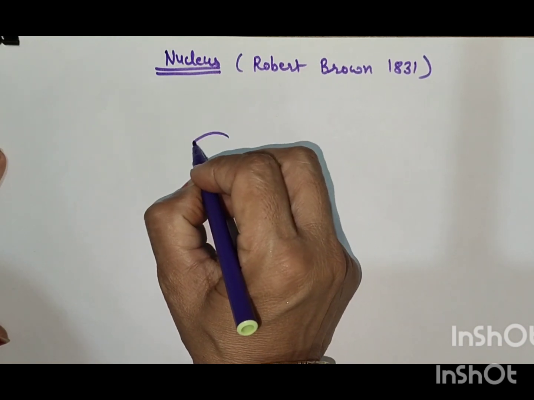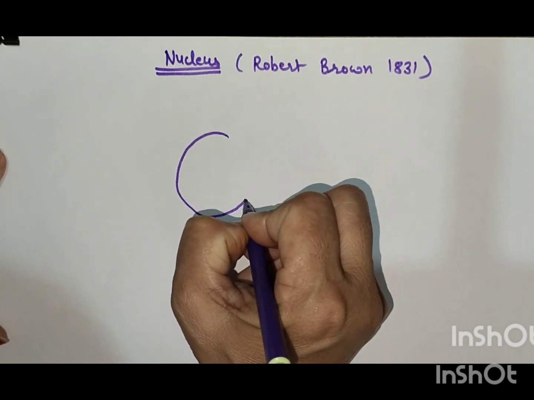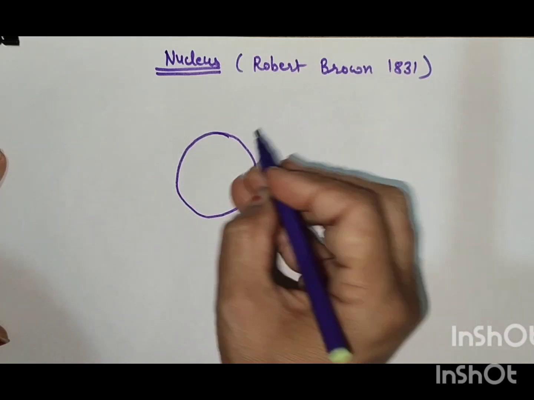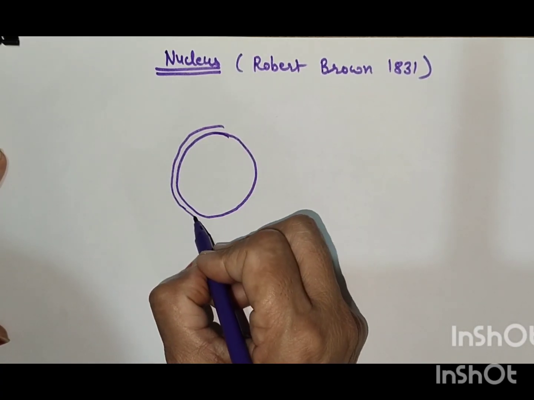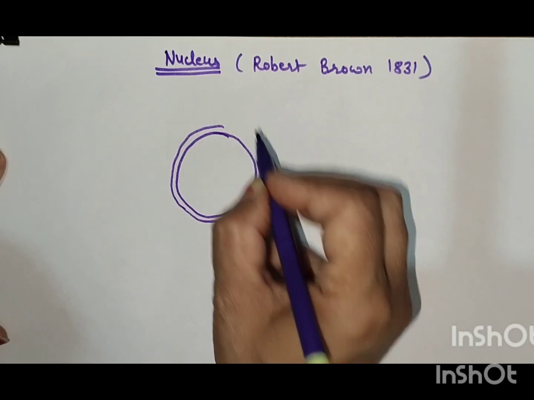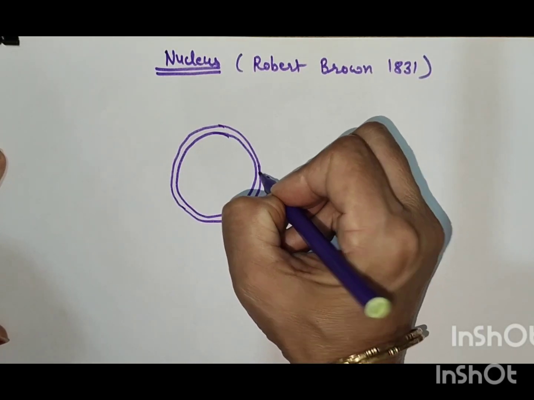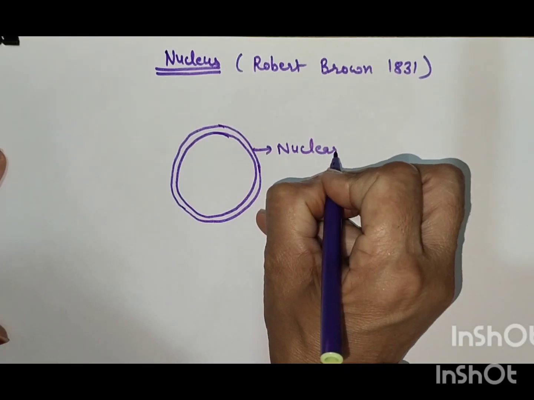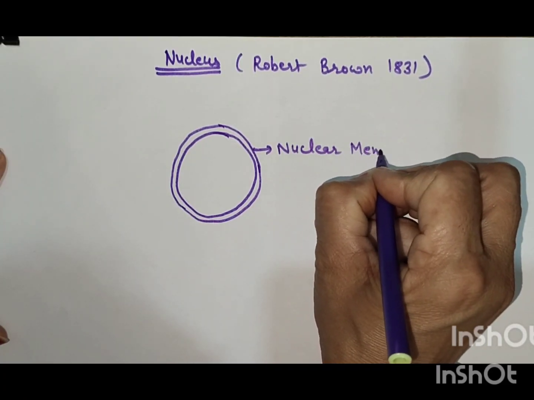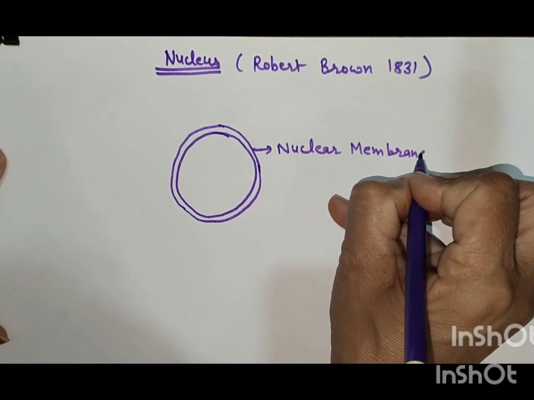It is normally a rounded structure covered with a membrane that is called the nuclear membrane.